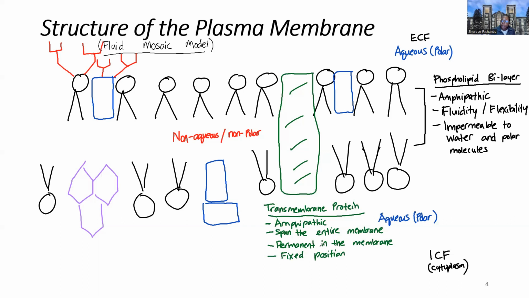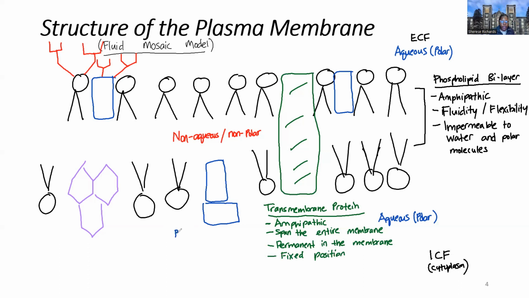Let's now talk about peripheral proteins. And peripheral proteins are usually on the outer leaflet. So usually on the cytosolic side, did I say outer leaflet? I meant the cytosolic side of the cell membrane.